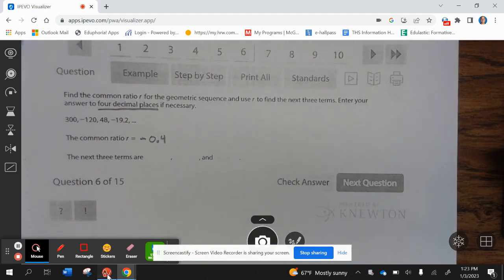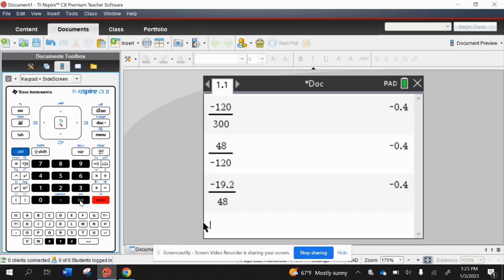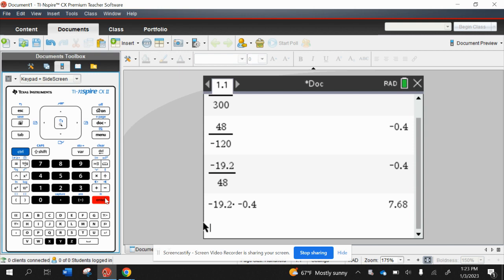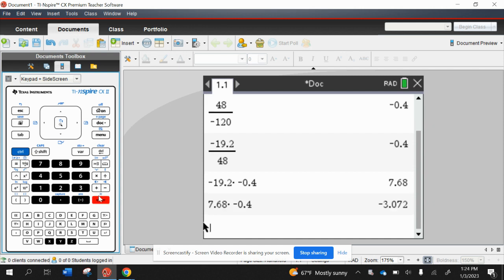Okay, so to find the next three terms, we're going to multiply -19.2 times negative 0.4, so 7.68. Highlight, enter, times negative 0.4 is negative 3.072.